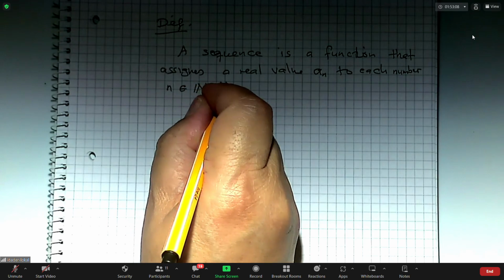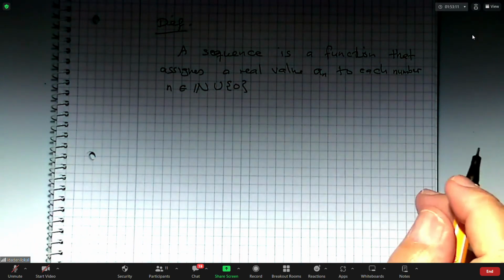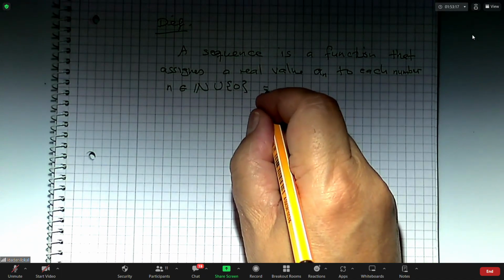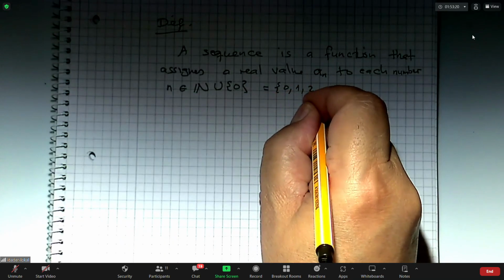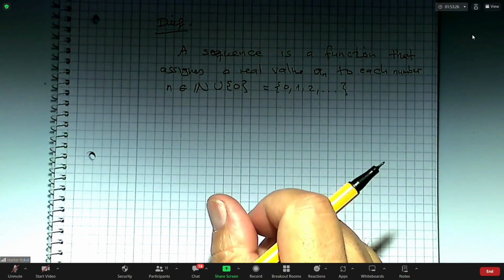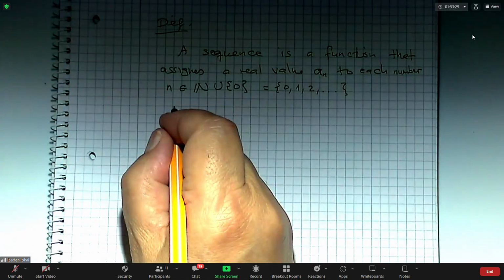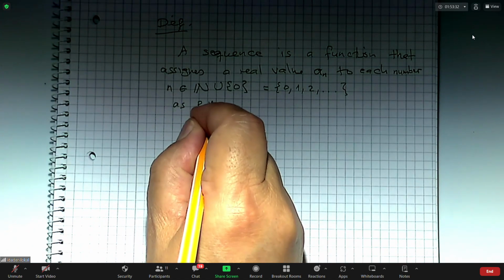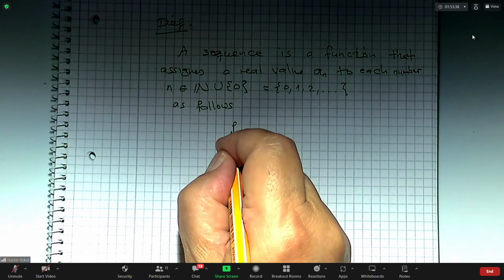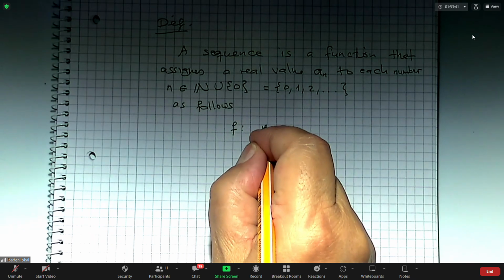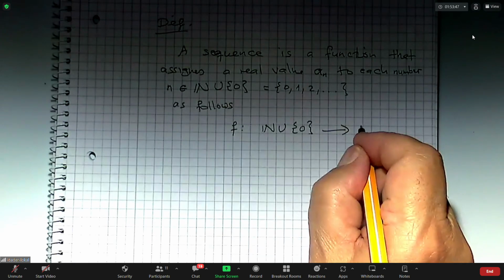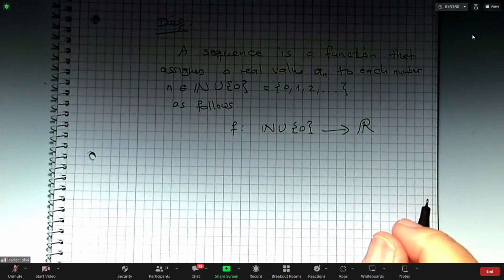Now I'm going to add 0 here to the natural numbers. So small n is 0, 1, 2, and so on. So if you like, this is the domain of our mapping or our function here, as follows. Okay, so you can think about it: this is a function f, and this function f has a domain N union 0, which we also called, if you remember, W, the whole numbers.